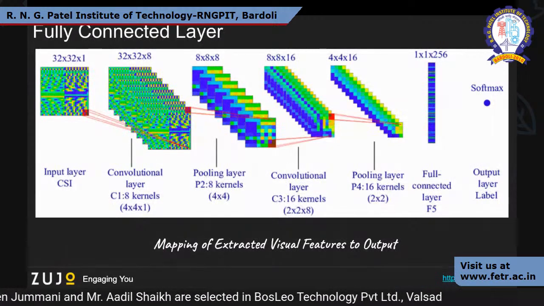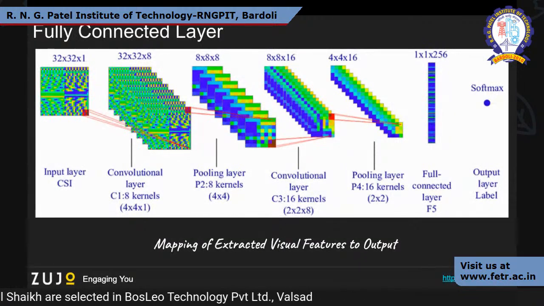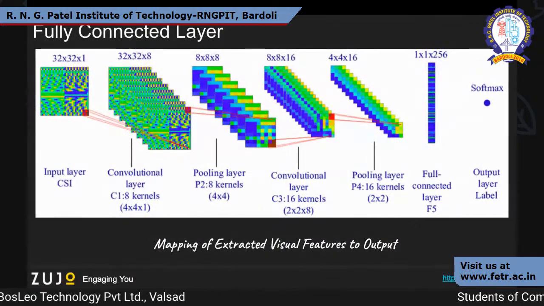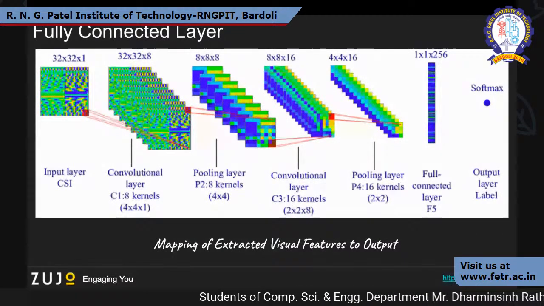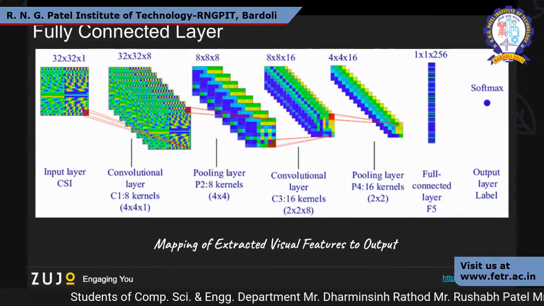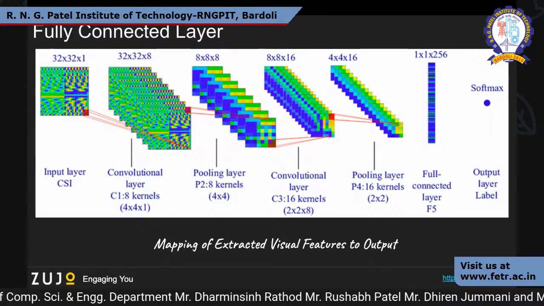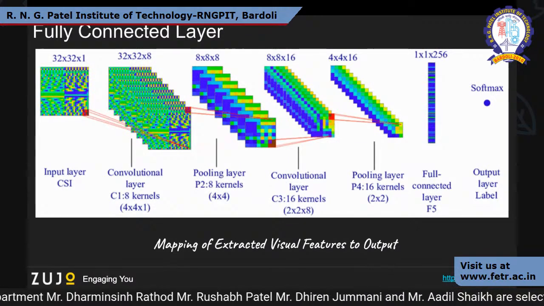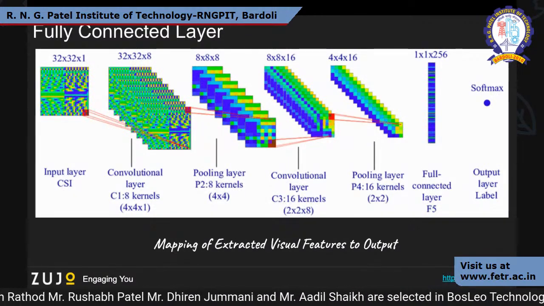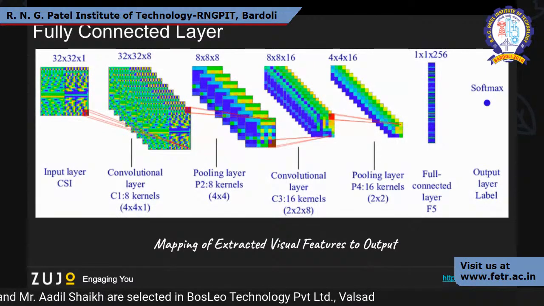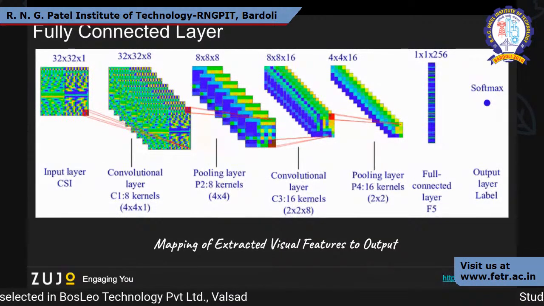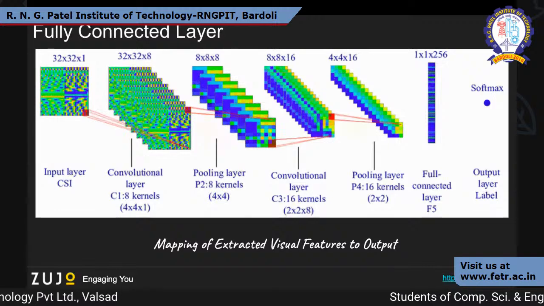The next and last part of the convolution neural network is the fully connected layer, or FC, where we are mapping the extracted visual features to the output, or basically the high dimensional data we got from each convolution and pooling layer.